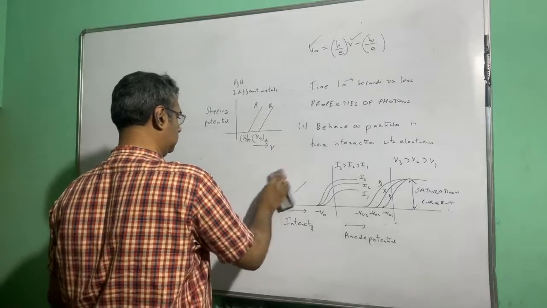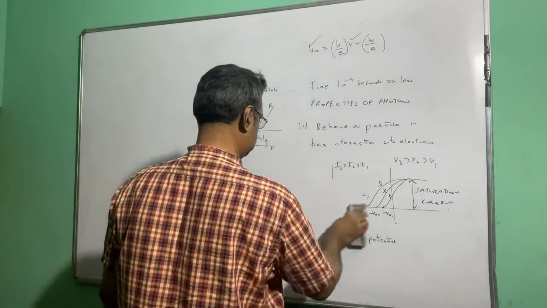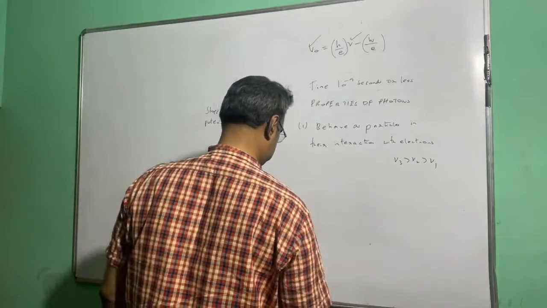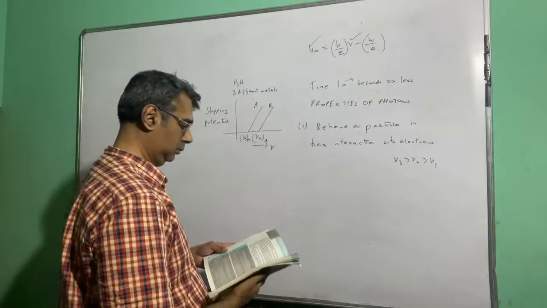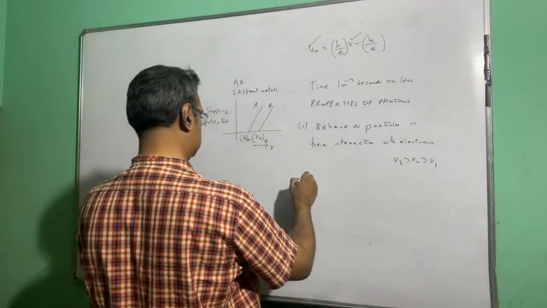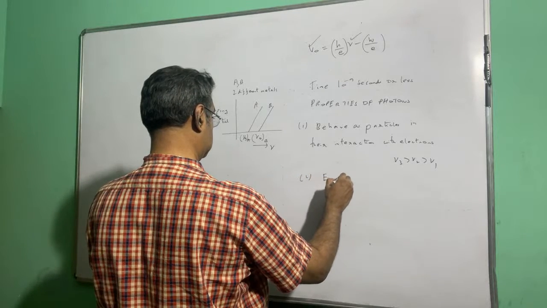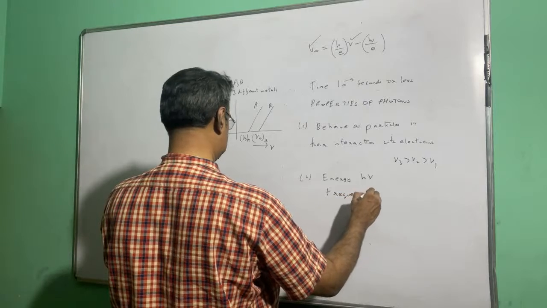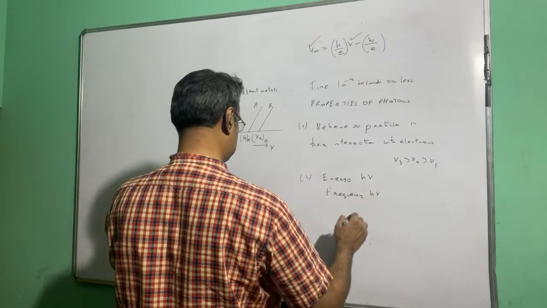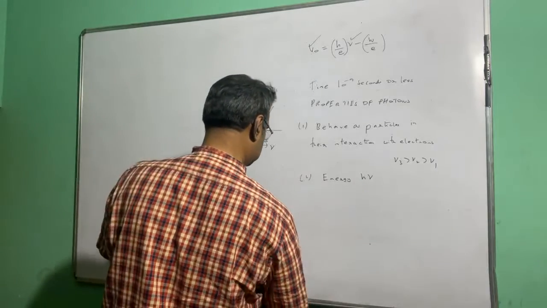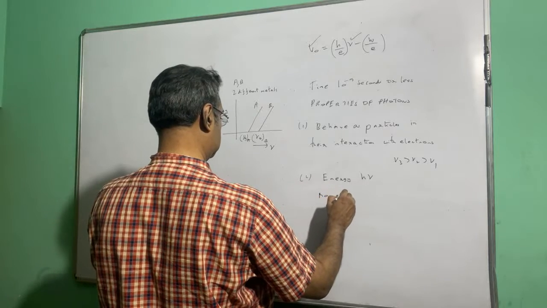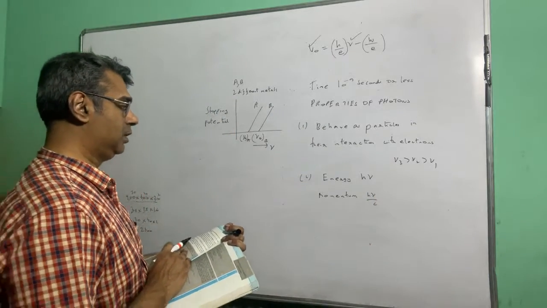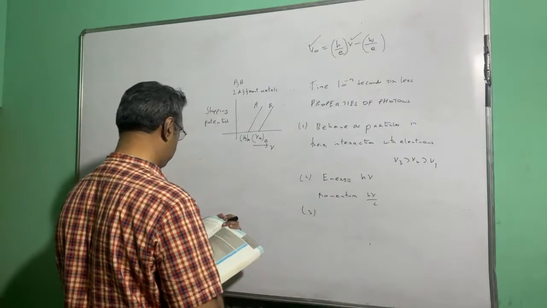So that is property number one. The energy of a photon beam is h into frequency, and momentum is h into frequency by speed of light.